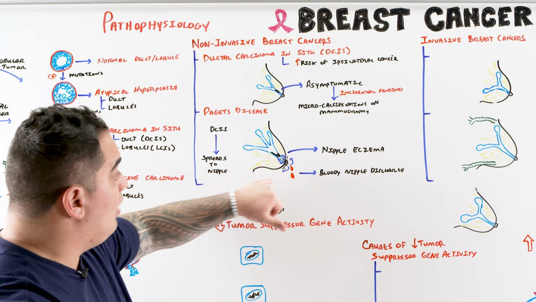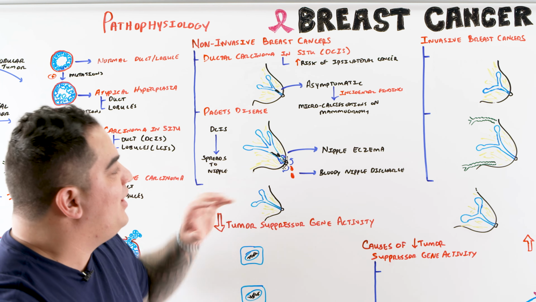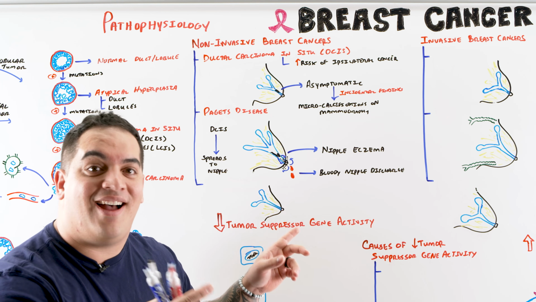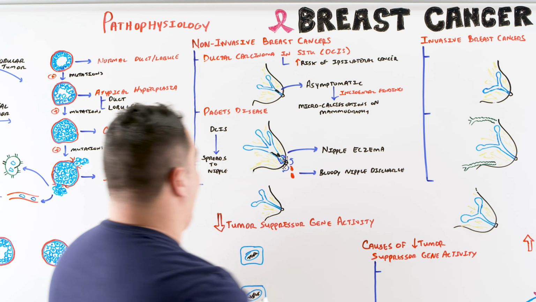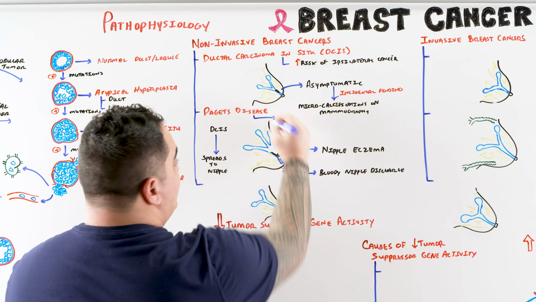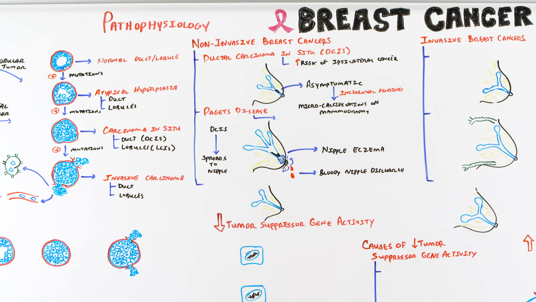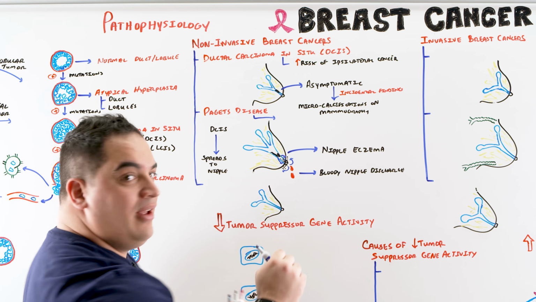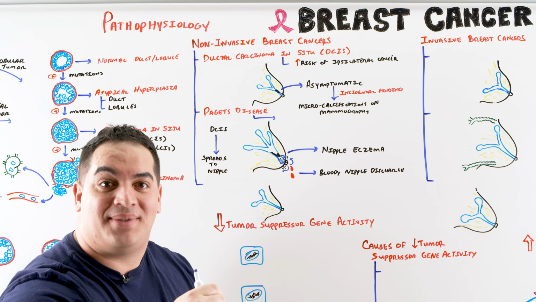Now, one of the things that is important to remember here is you'd think, oh, I got to do a core needle biopsy. You do, but sometimes what's actually kind of high yield to think about here, and I want to add in for this, is that sometimes with Paget's disease, if we see that a patient has this nipple eczema, we can take a skin biopsy.